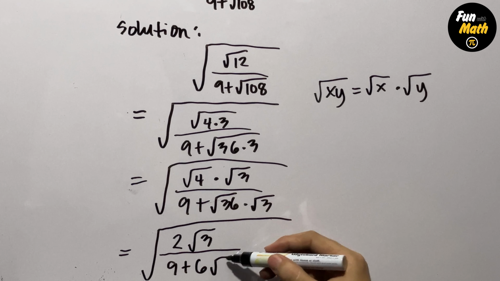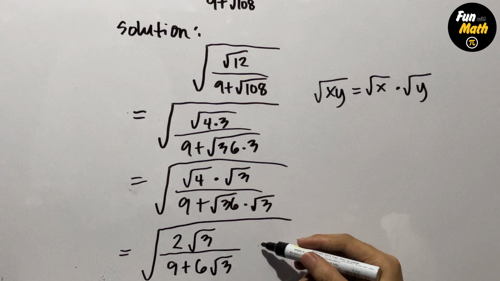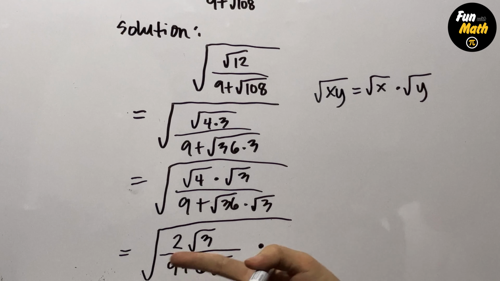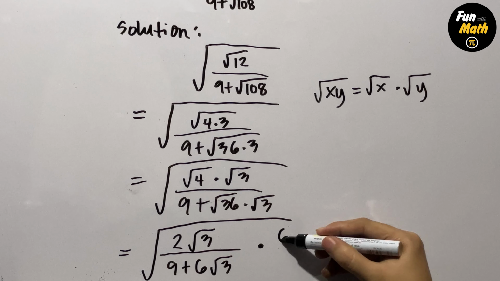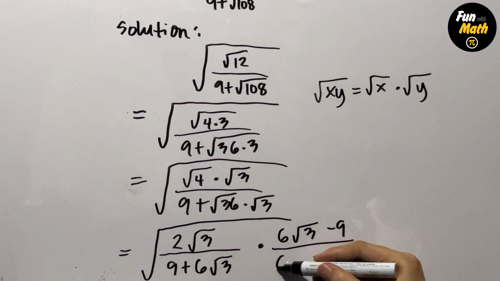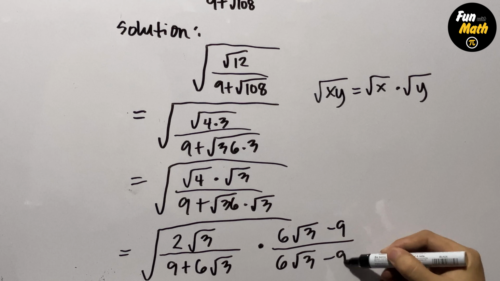That's the same, square root of 3. And then let's multiply by the negative of our denominator. So that is 6 square root of 3 minus 9 all over 6 square root of 3 minus 9.